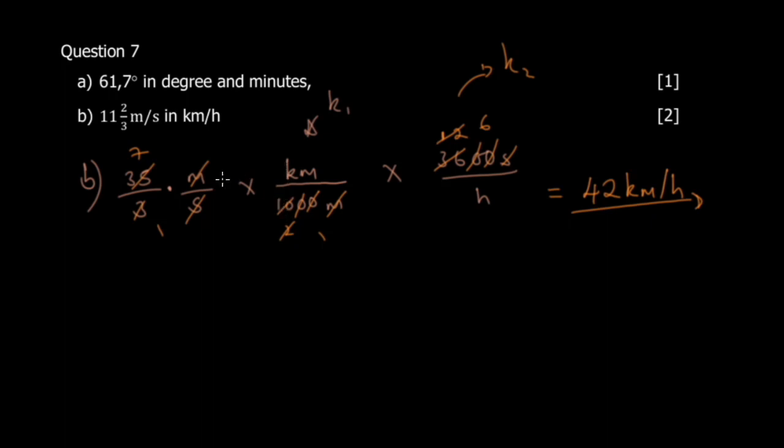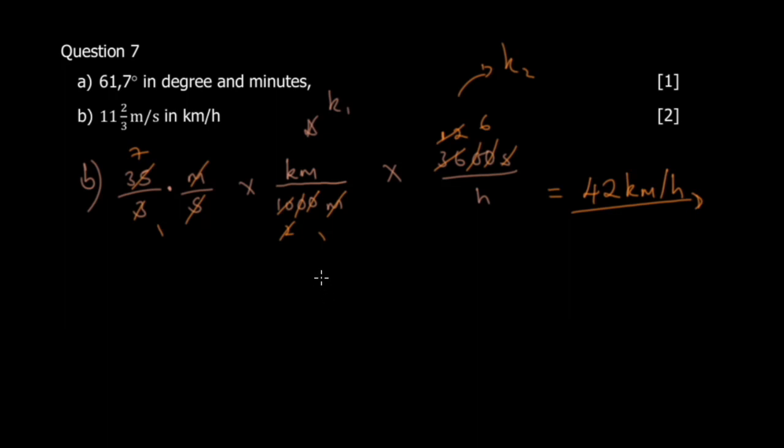There's a method to that: you use conversion factors, and you observe the units. Students who are doing physics will be familiar with this, but if you're not doing physics, just try to remember your conversion factors for length and also for time, so that you can interchange them, and then just observe the units.